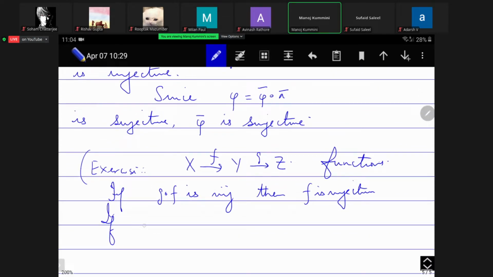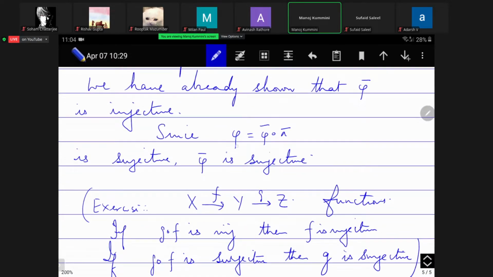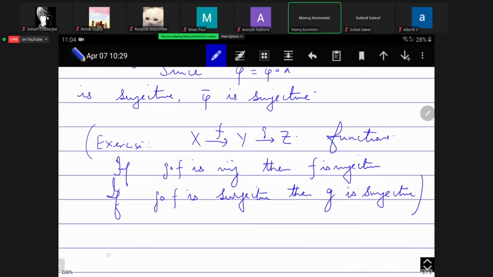If the composite is surjective, then the second one is surjective. That's what I'm using here. The composite function is surjective, so the second function is surjective. Therefore, phi bar is a bijective group homomorphism.